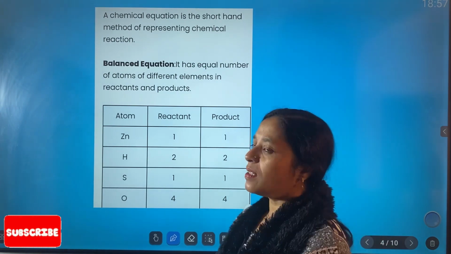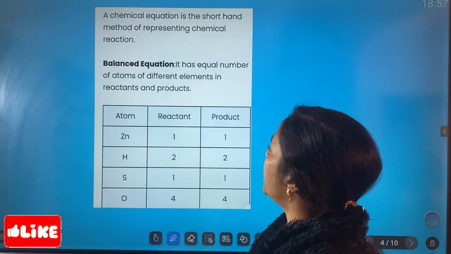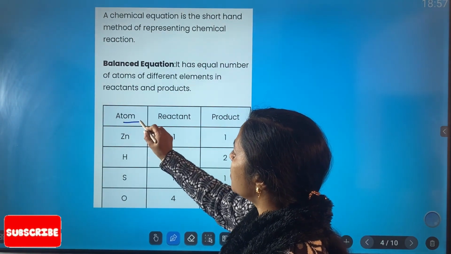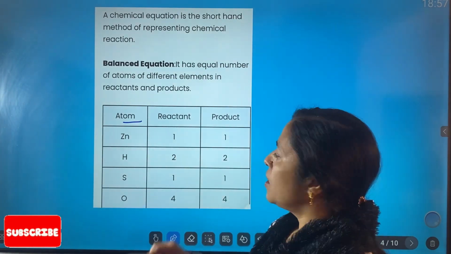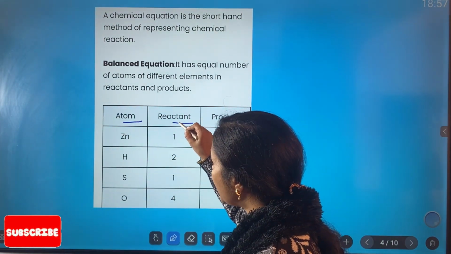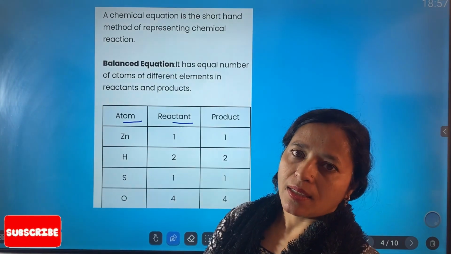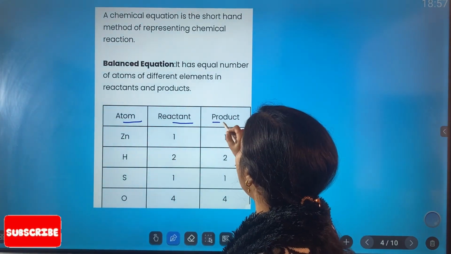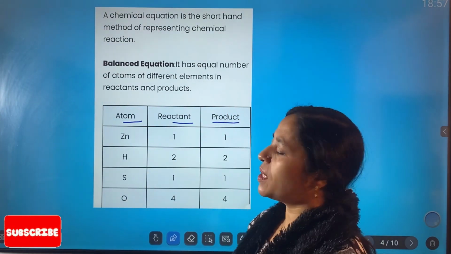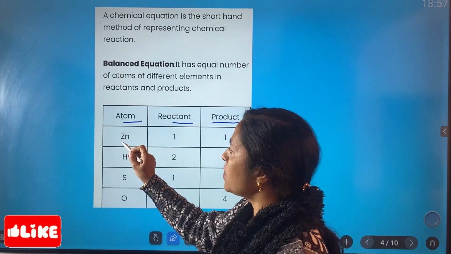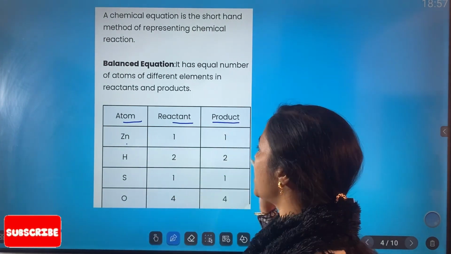In balancing a chemical equation, we should categorize into three columns: the number of atoms present in it, what are the reactants, or how many atoms of a particular substance are present there. Similarly, in products also, we are going to consider how many atoms of this particular substance are present.